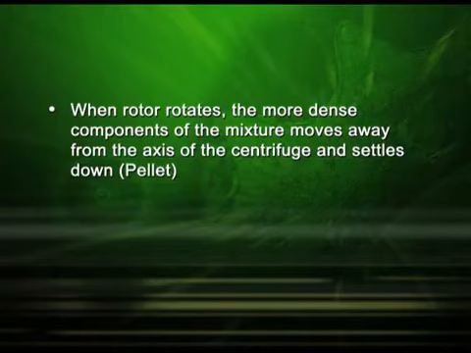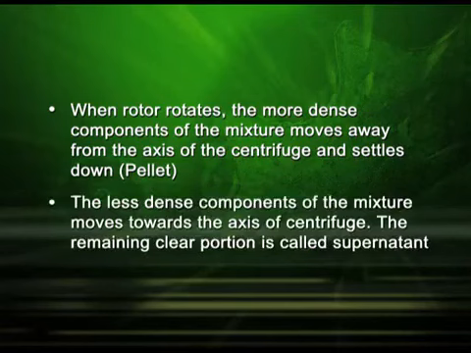When the rotor rotates, the more dense components of the cellular components settle down because they have a tendency to move away from the axis of the centrifuge, whereas the less dense components of the mixture move towards the axis of the centrifuge, and this remaining clear portion of the solution is known as supernatant, whereas the more dense components of the mixture which got settled down are called pellet.